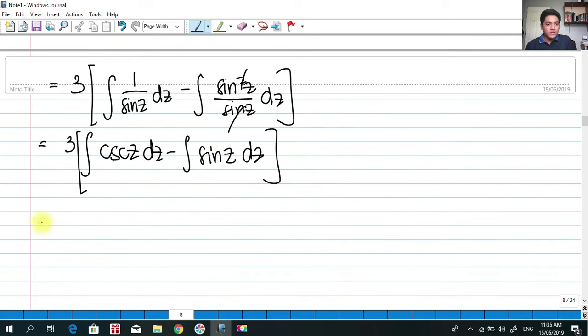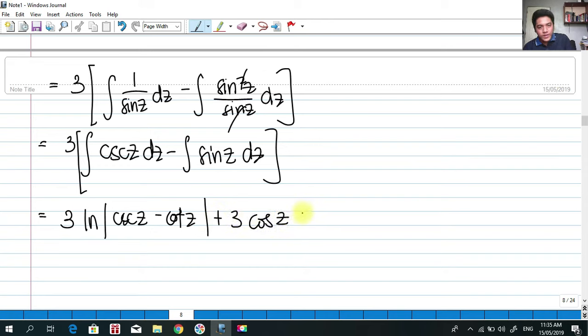To integrate that, the integral of cosecant is ln absolute value of cosecant z minus cotangent z, minus the integral of sine z, which is negative cosine z. So the negative times the negative will become positive, and we are going to distribute 3 here, so that would be plus 3 cosine of z plus c.